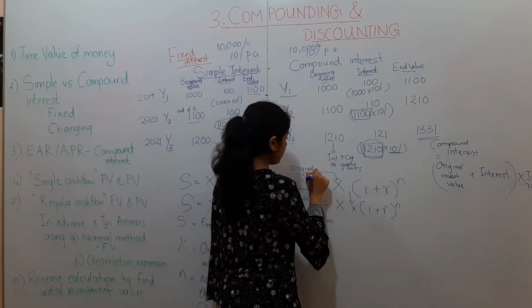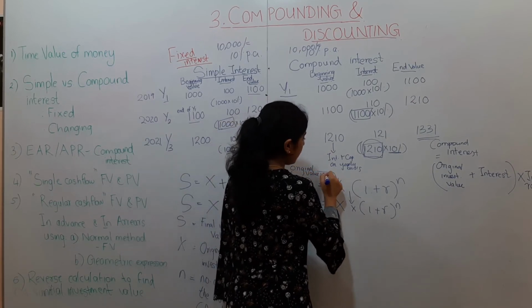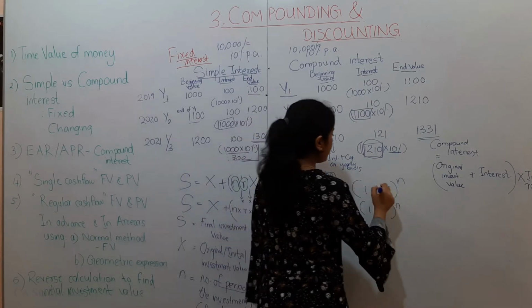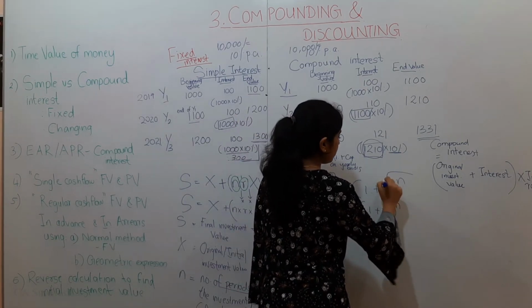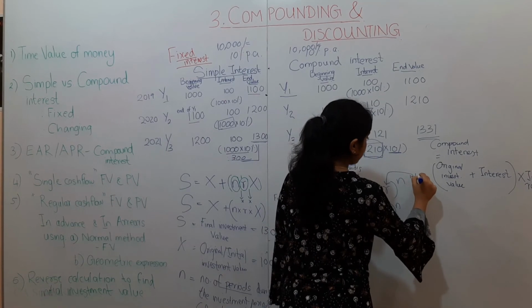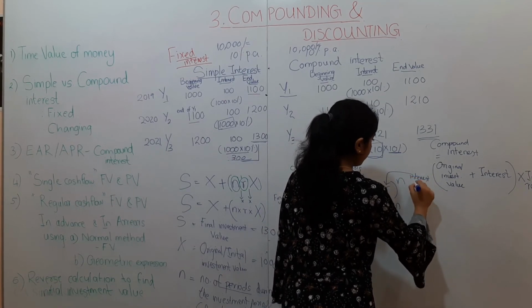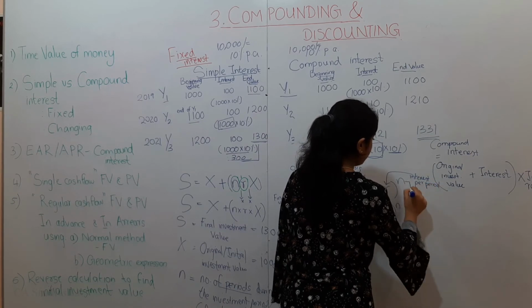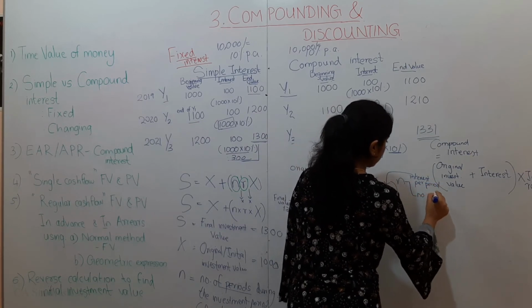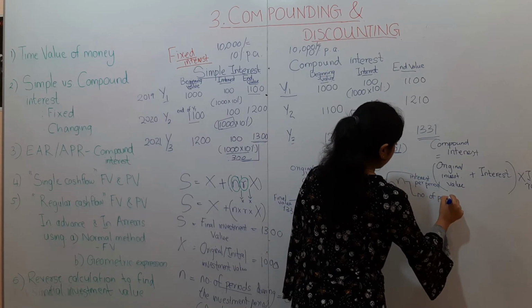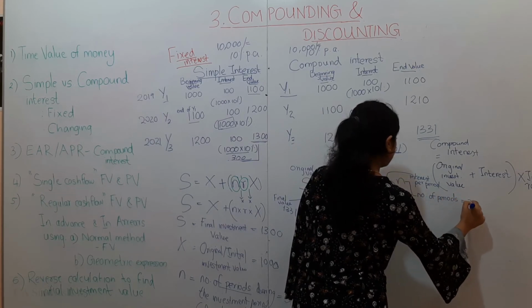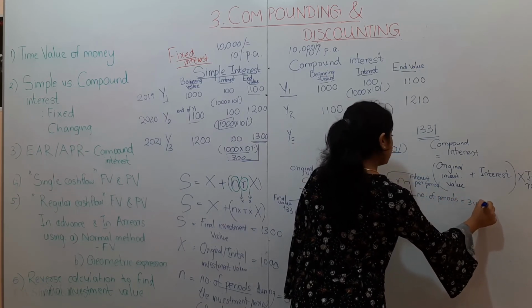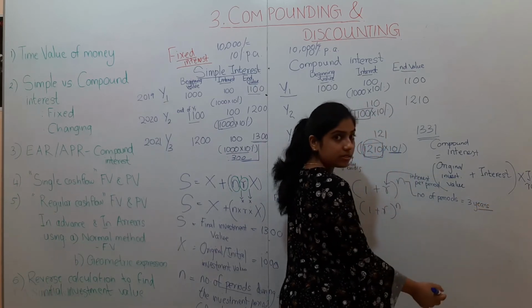And 1 plus R, with R being the same thing, the interest rate per period, and n will be the number of periods. In this case 3 years, therefore the interest rate also must be in years.